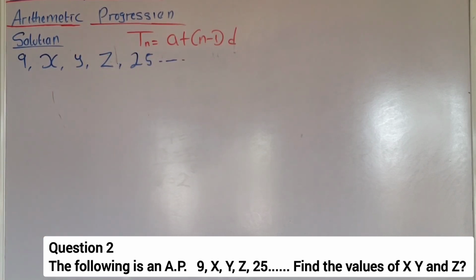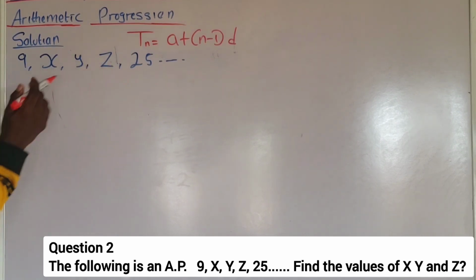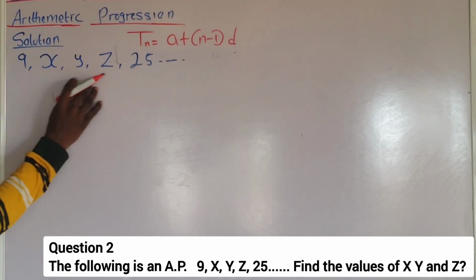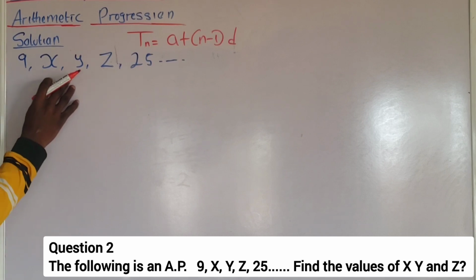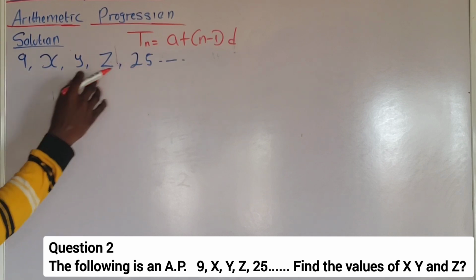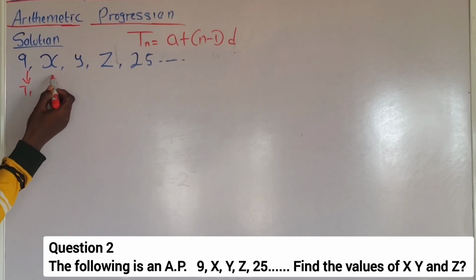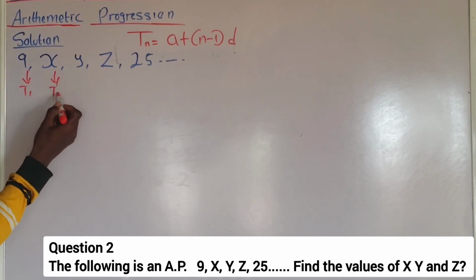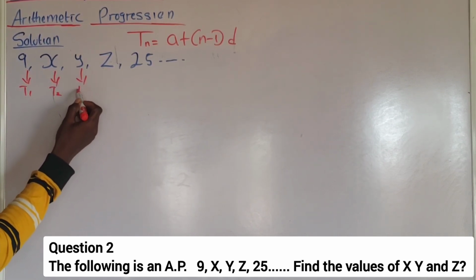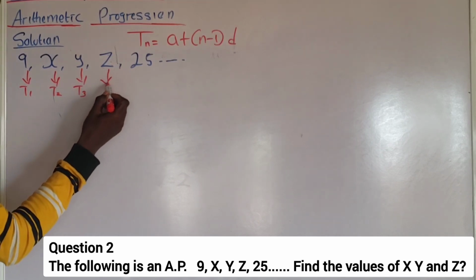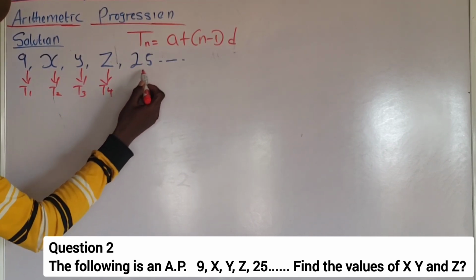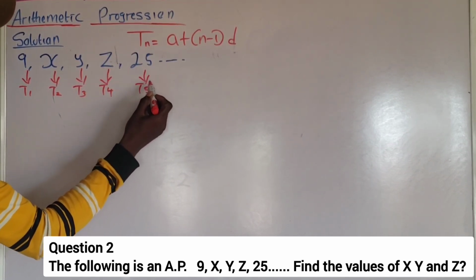Now, the first question says we should find the value of X, Y, and Z. Look, in this progression, the first term is T1, which is A. The second term is X, which is T2. The third term is Y. The fourth term is Z. And the fifth term is 25.